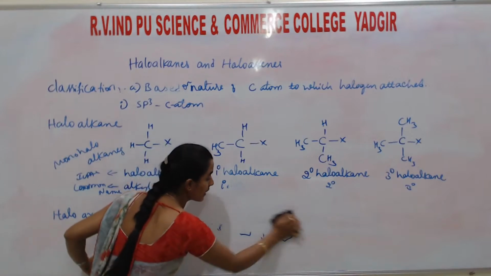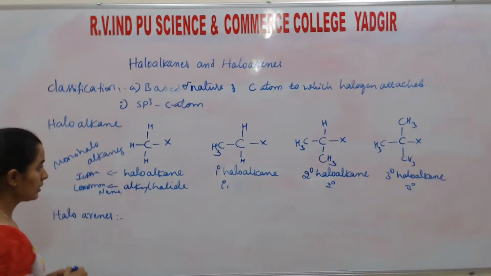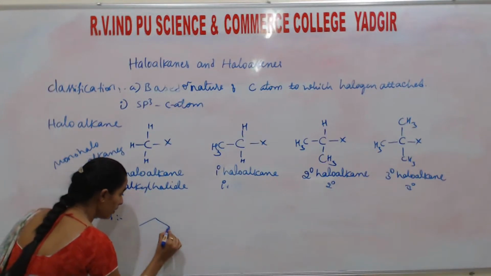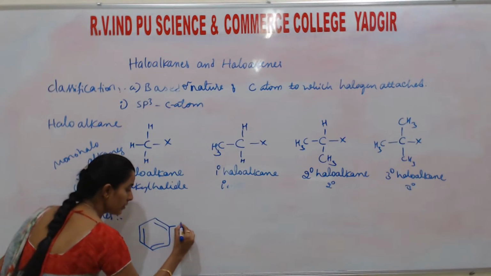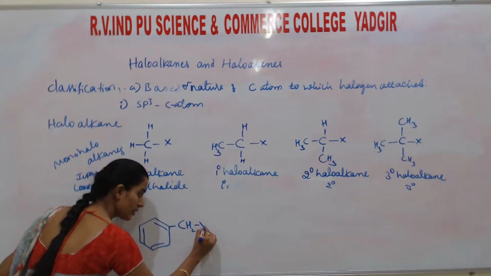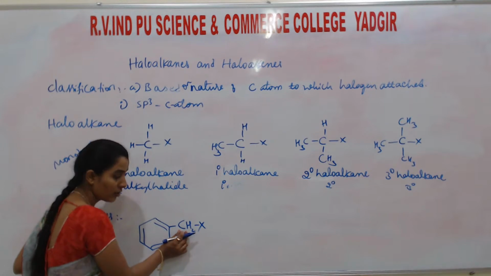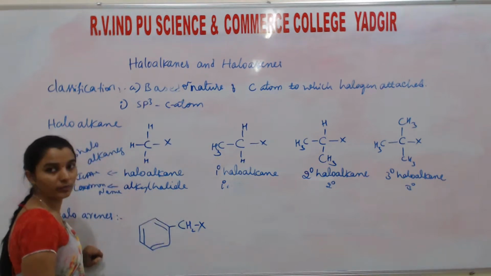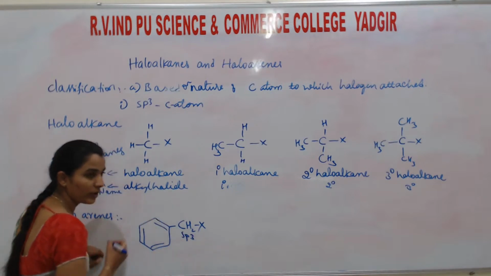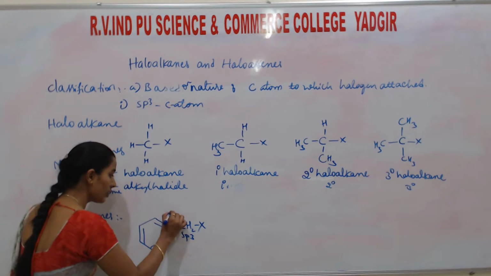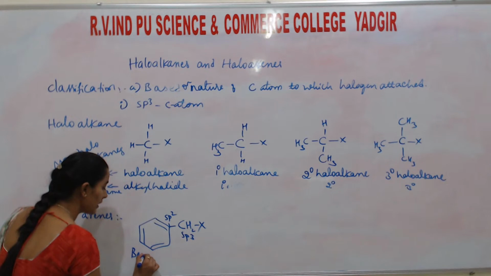But in benzene, there is one possibility. Listen, one benzene ring is there. Next, another carbon to which X is attached: this sp3 hybridized carbon atom is attached to an sp2 hybridized carbon atom of benzene, so it is a benzylic halide.